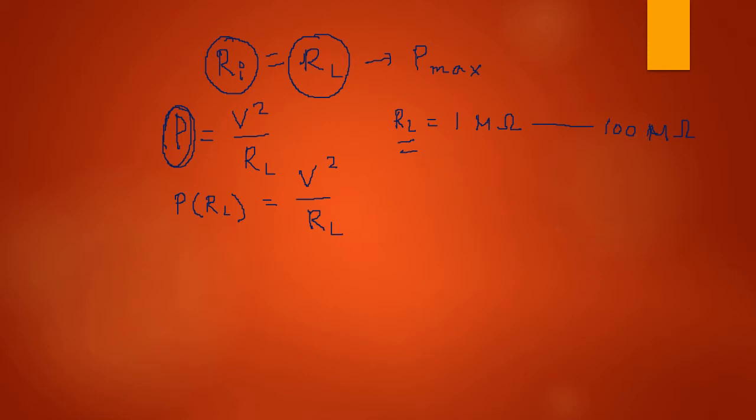Okay, and V you can say is the peak voltage which you are getting across the load resistance. So V is the peak voltage across RL.